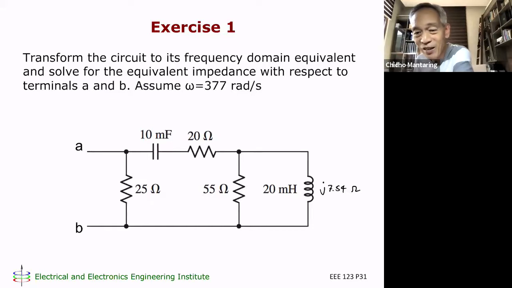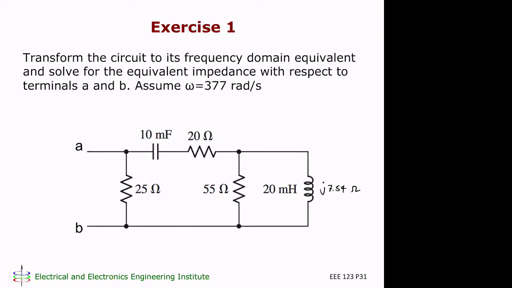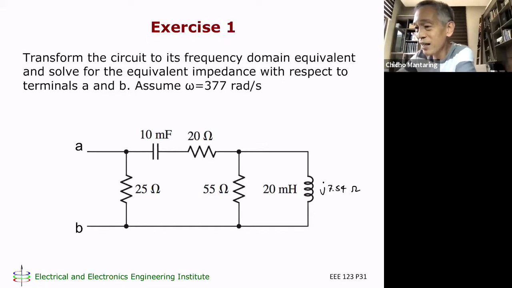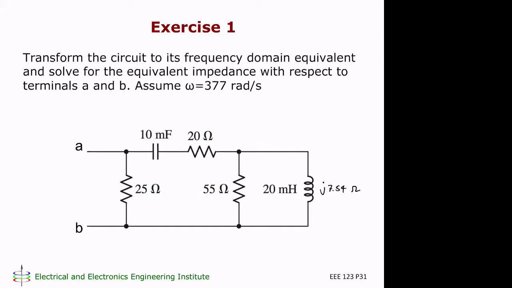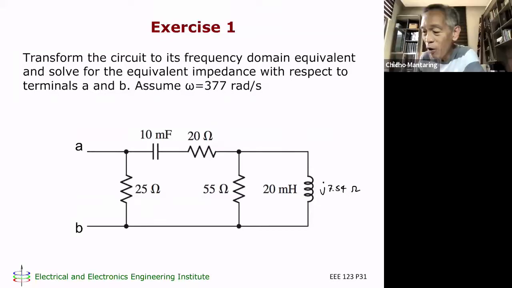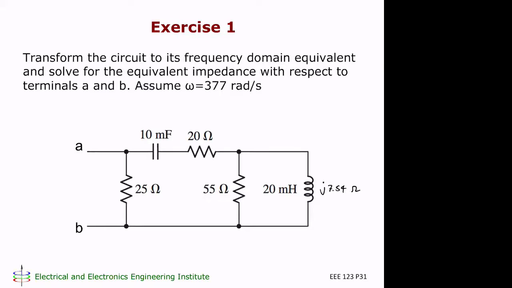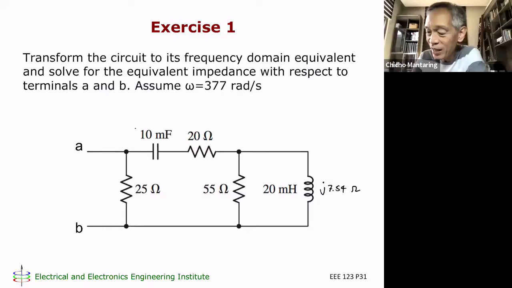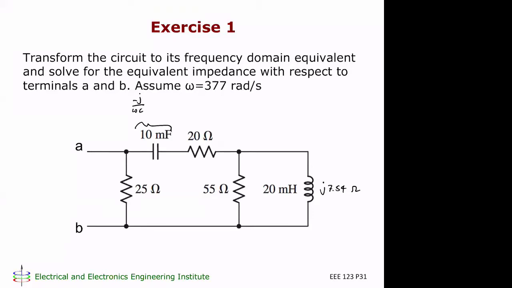Are you attempting? Negative j over 0.27. Wait, is that right? Negative j over 0.27. Wait, I think I'm wrong. So it's minus j over omega C, right? Omega is 377.